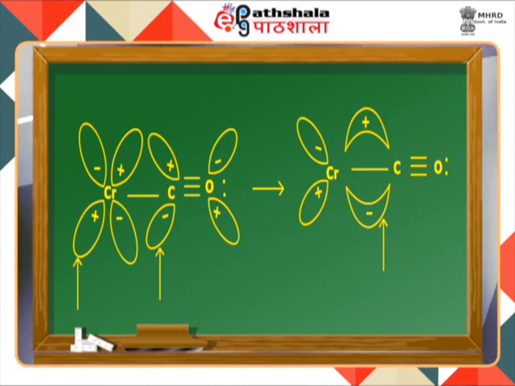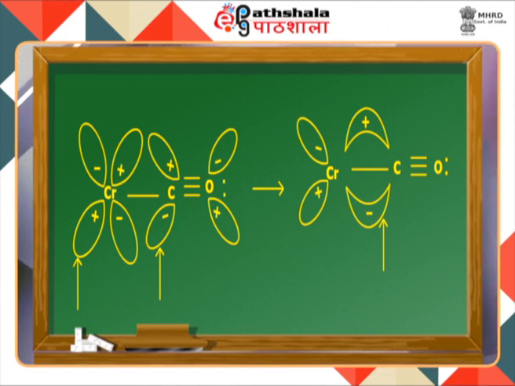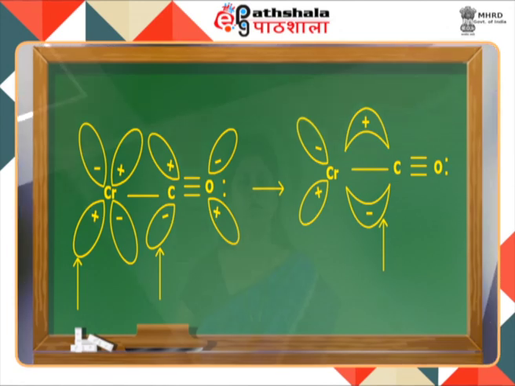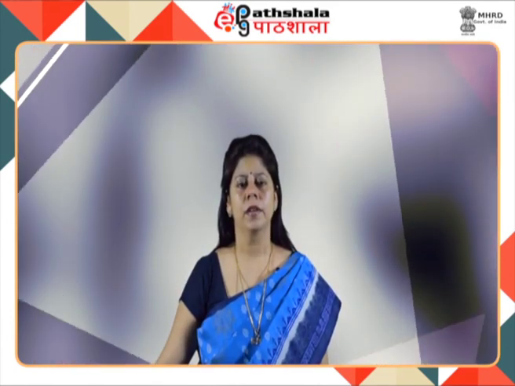Chromium atom is capable of forming 3 such bonds at a time with 3 carbonyl ligands using its 3 d-pi orbitals. An average bond order equal to 1.5 is established in the chromium carbonyl bond due to resonance.